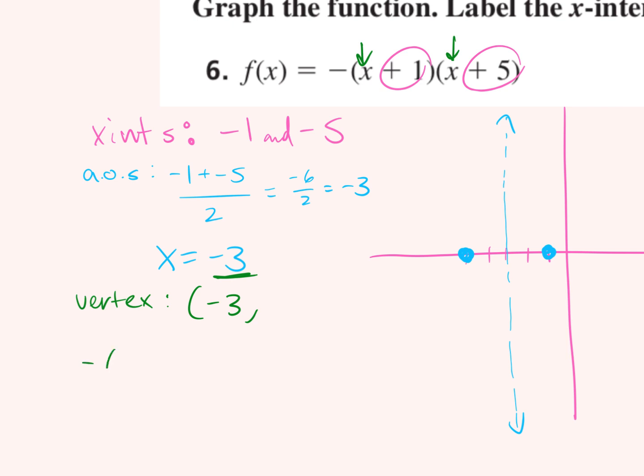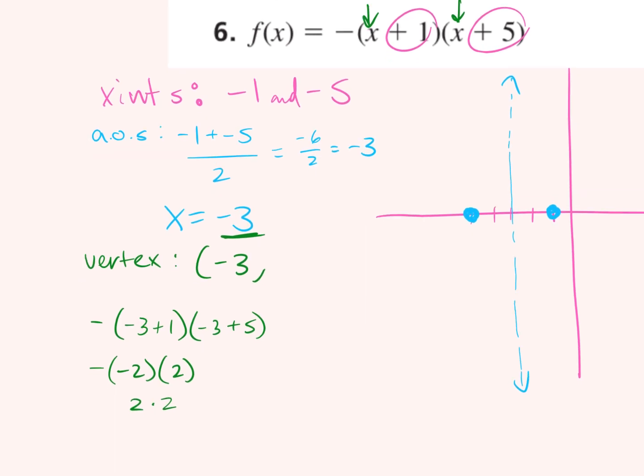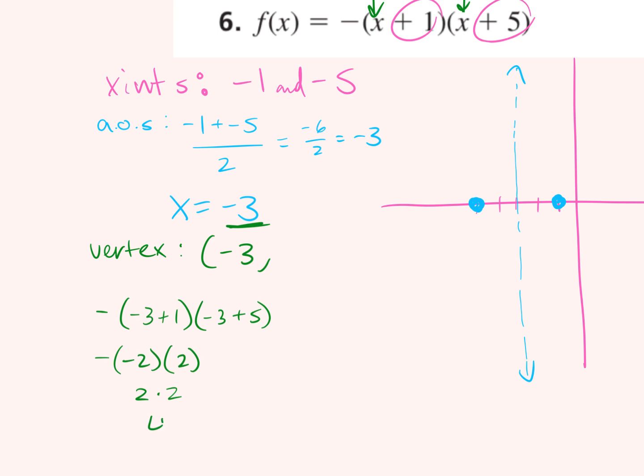So I have negative times negative 3 plus 1 times negative 3 plus 5. So it'll be negative times negative 2 times positive 2. So that turns into positive 2 times 2, which is 4. So my vertex, I'm going to go to the left 3 and up 4.